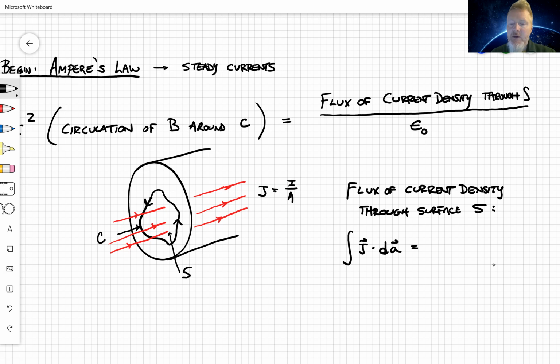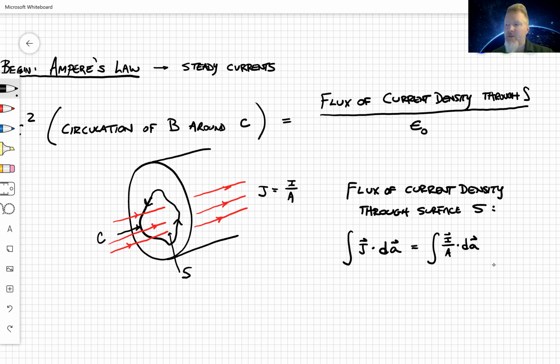So if you like, you could rewrite this as the integral of I over A. And you have to be kind of careful, there's going to be a unit vector involved here. It's not typically kosher to put the vector sign on the current I, but we're going to do it anyway because I has a direction.